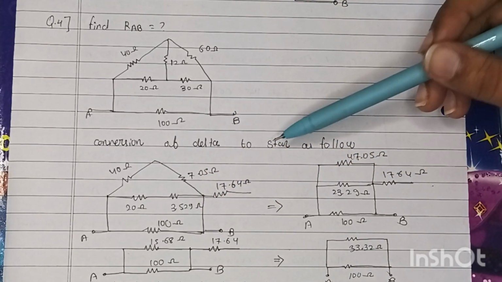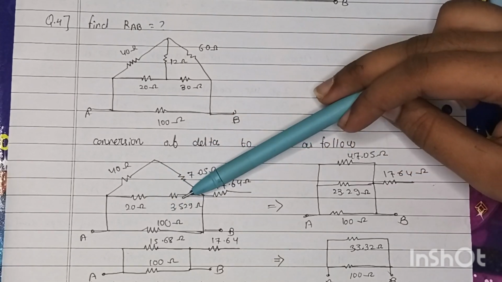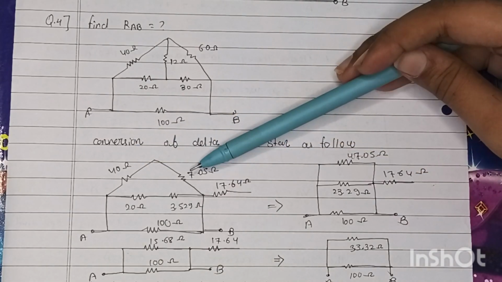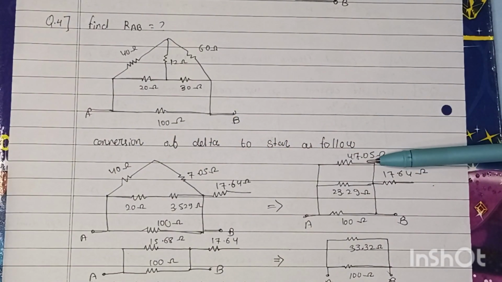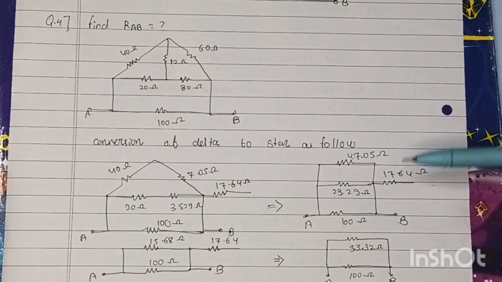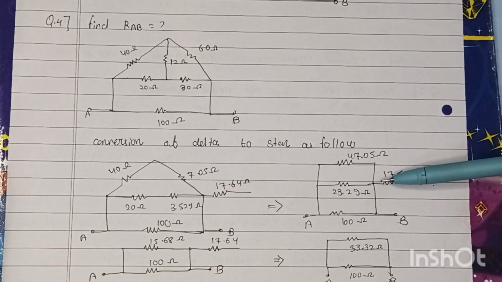Okay, now what I have done over here, you can see these two are in series, so I have just added them, and these two are in series, so I have also added them. So there is one series, a parallel, and these two are in series. These two are also in parallel because there is a third resistor.